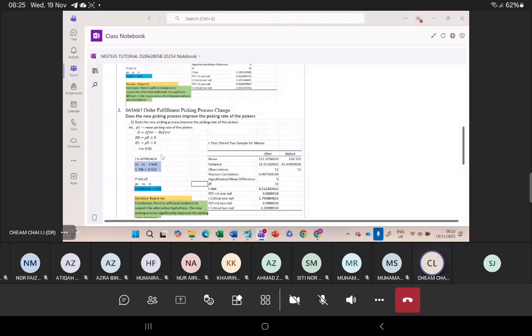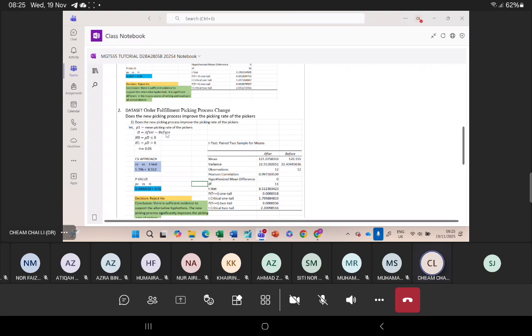Okay, so we want to check whether the new technology has improved the picking rate of the pickers, right? So for the ideal group, you define your mu as the mean picking rate of the pickers, and the difference is after minus before.